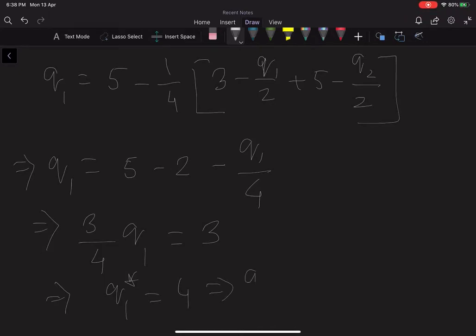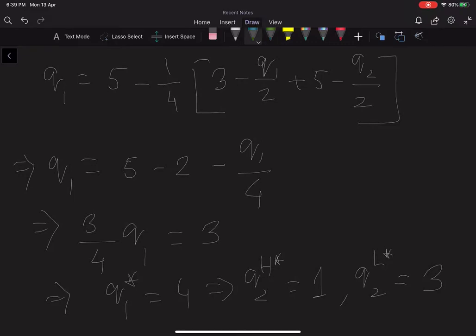This implies Q2H star is 3 minus 4 by 2, so that's 1, and Q2L star is 5 minus 4 by 2, so 3. Okay, so what is the Bayes-Nash equilibrium?